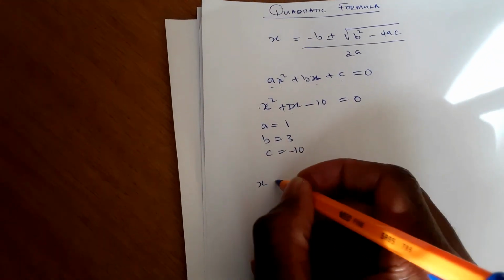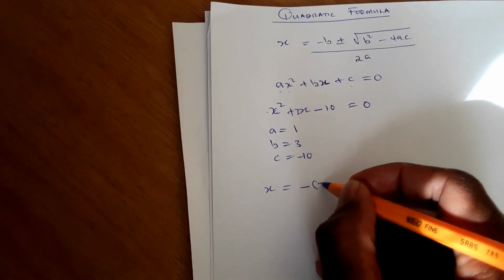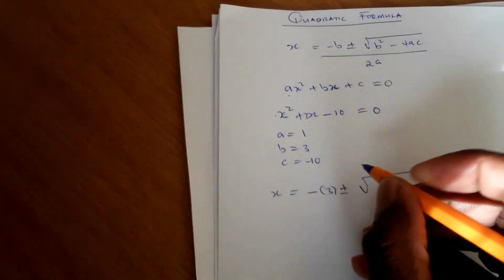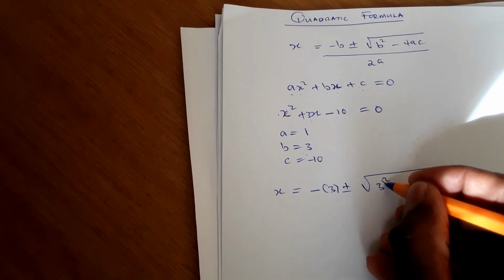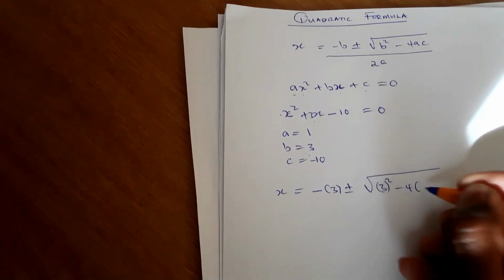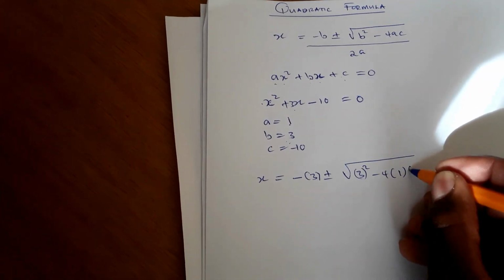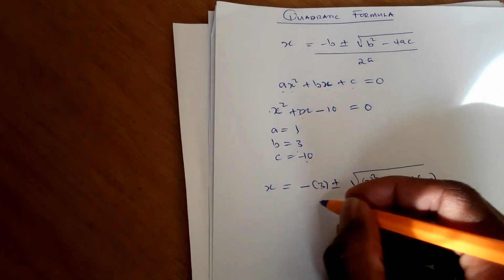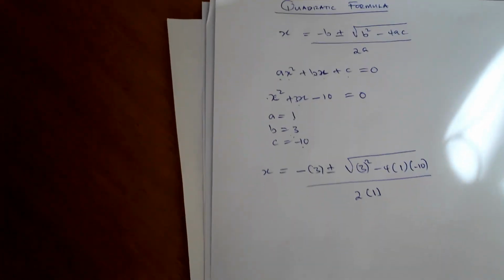So we are going to say x equals minus b, which is 3, plus or minus square root of b squared, which is 3 squared, minus 4 times a, which is 1, times c, which is minus 10, all over 2 times a, which is 1.